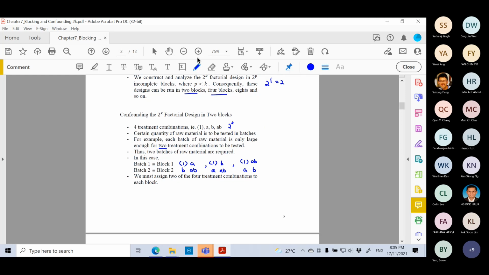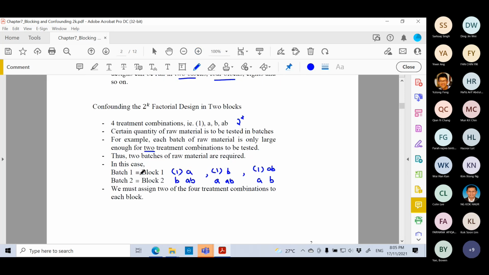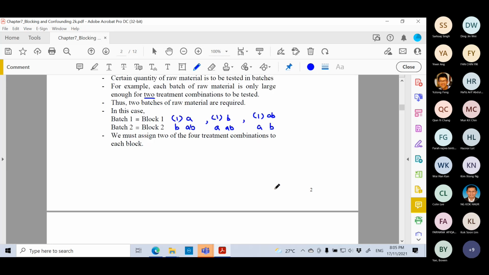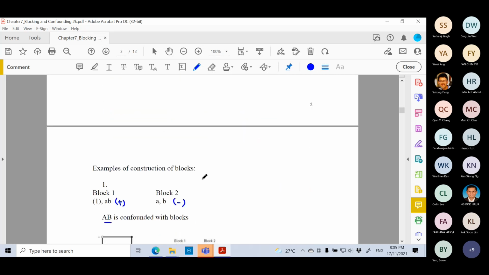Because you only run certain treatment combinations in each of the blocks. For example, in block 1, you only run the 1 and the A. You run the B and AB, and so on. So therefore, you will lose certain information. What you lose depends on which factor you are confounding with the block.